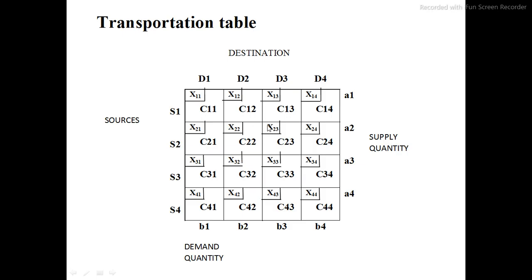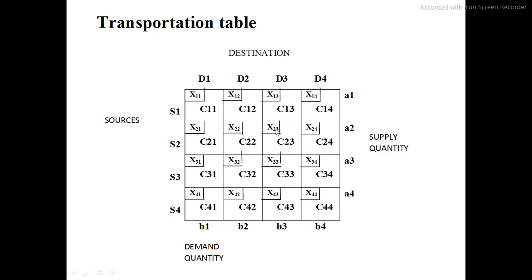Right, friends? If you want to transport a quantity from S2 to D3, what is the cost? It will be X23 into C23. X23 represents how much quantity can be supplied to this destination from the source S2. Remember this. C23 is the cost.